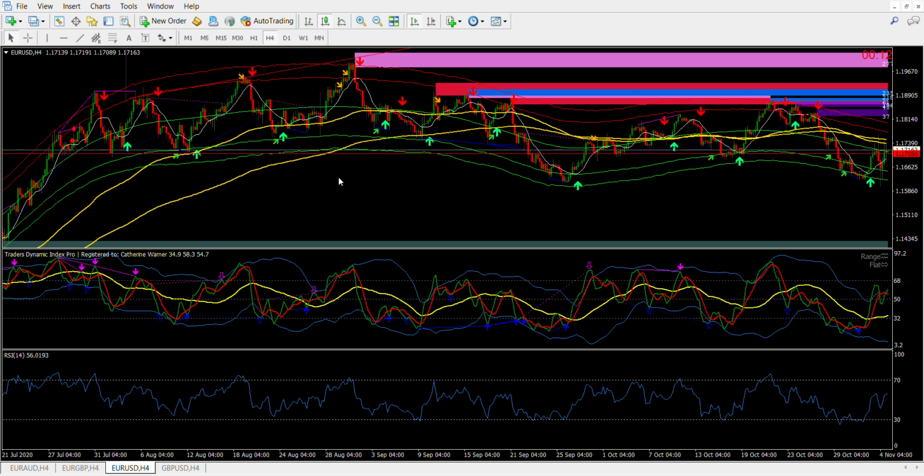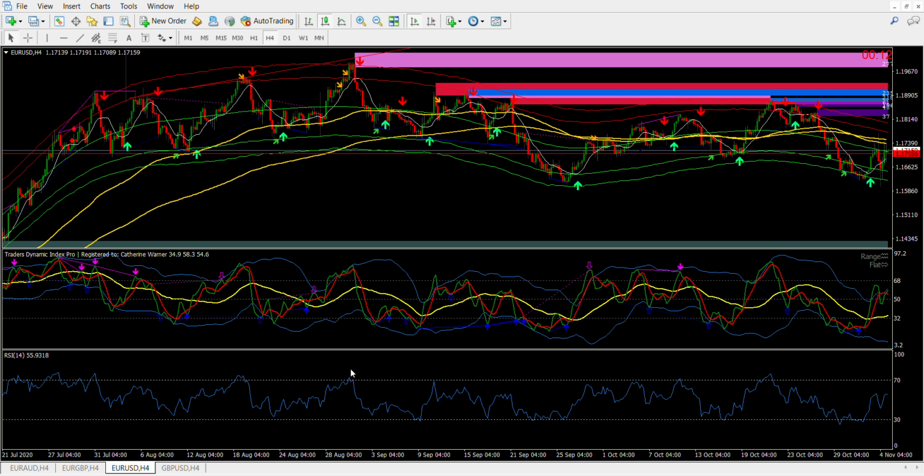We can also check out other points. For example, here is good. We do have our conditions met. We do have a trend line which was acting as resistance, and we do have RSI in an overbought position.